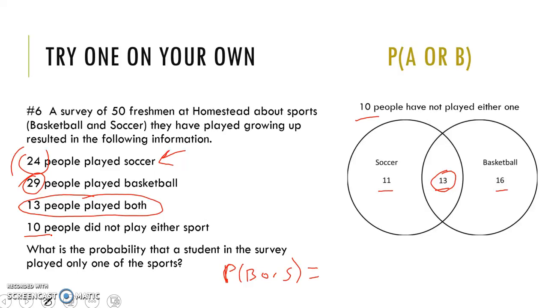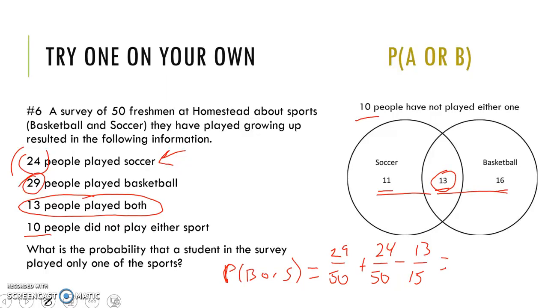So what we're going to have to do is find the probability of the people who played basketball. Well, that's 29 out of 50. Plus the probability of the people who played soccer. Well, that's 24 out of 50. And then we're going to subtract the intersection of those two sets, which is the 13 out of 50. That's going to give us the probability of people who played in only one sport.